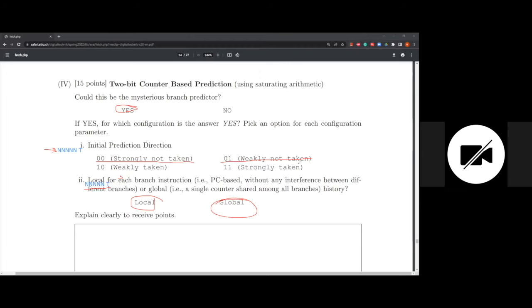As an example, I can run one example. This time, let's choose the global predictor, not local, and start with the strongly not taken case. This should result in exactly 6 mispredictions.